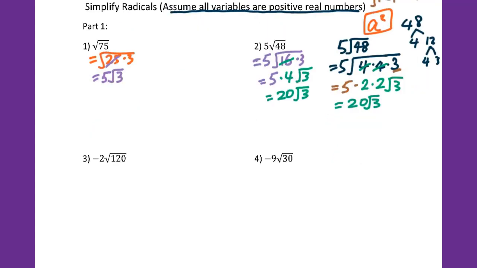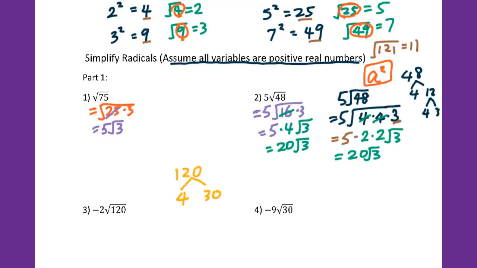For number 3, negative 2 square root of 120. You will see the 120 we can divide by 4. You will get 30. Then you have to use 4, 9, 25, 49 to check this 30. 30 cannot be divided by 4, 9, 25, 49. That's the reason we say this 30 cannot be simplified further.